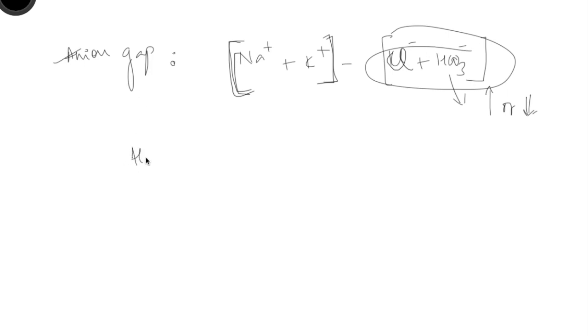So when the bicarbonate level reduces, the anion gap, here I'll refer to as AG, increases. As simple as that. Now next is, what happens when your bicarbonate level increases? When the bicarb level increases, the anion gap decreases. As simple as that. Now why is this concept important?